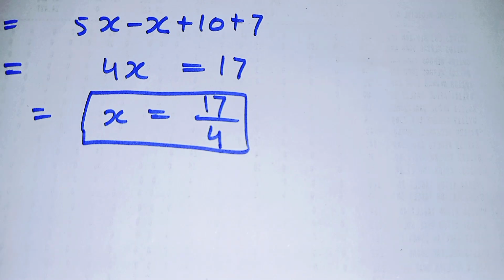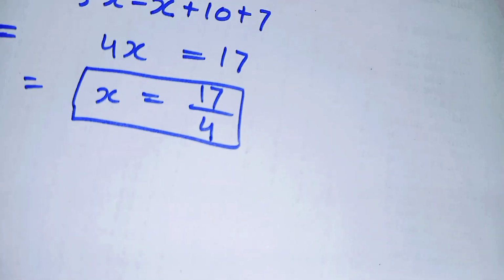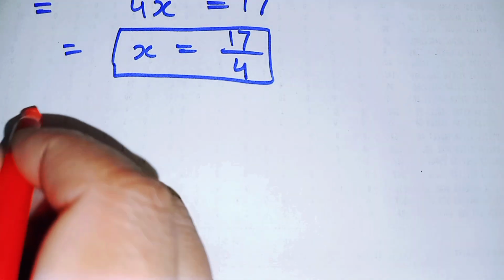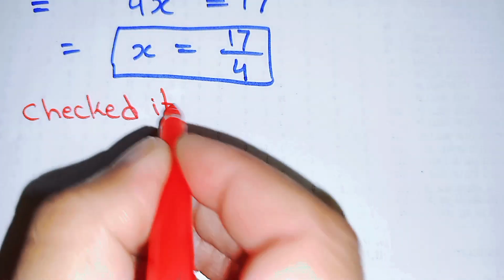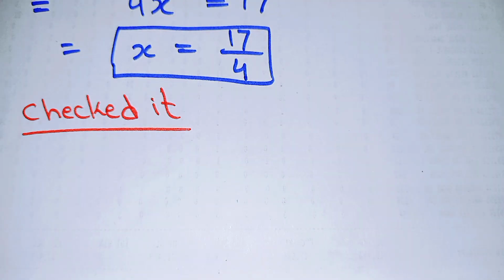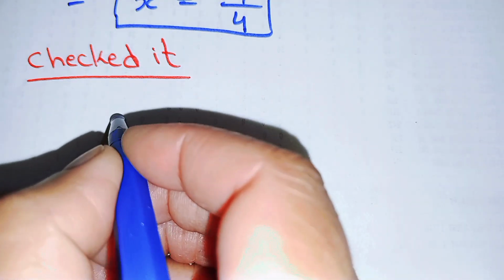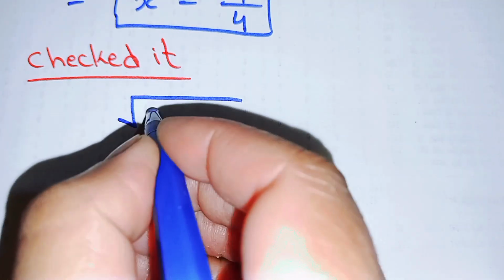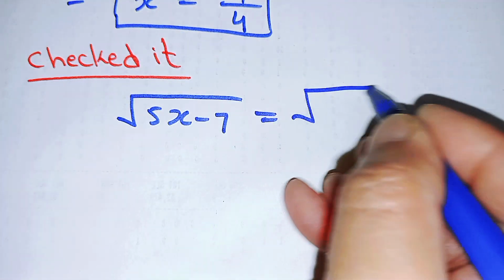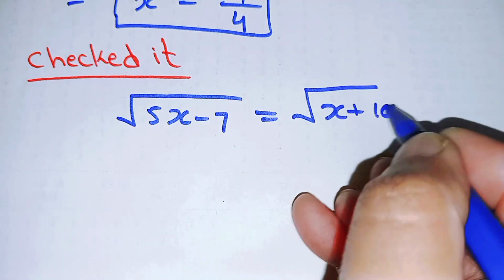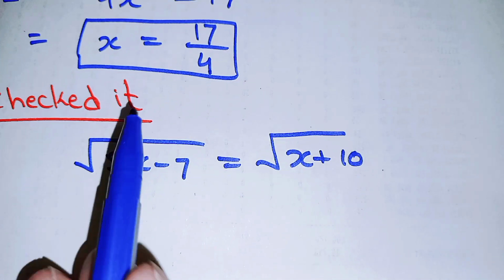and now here we check it. And here we put the question: square root of 5x minus 7 is equal to square root of x plus 10. And now here we put the value of x.